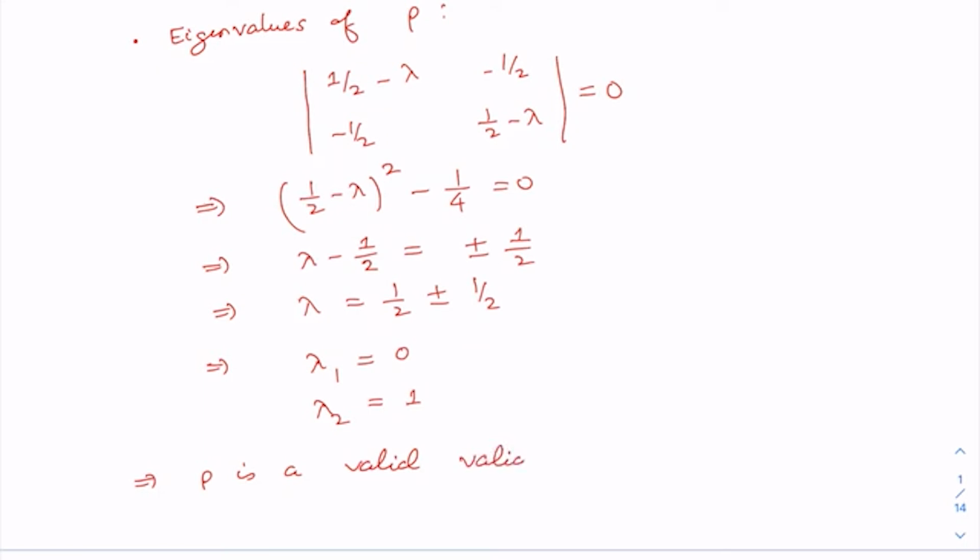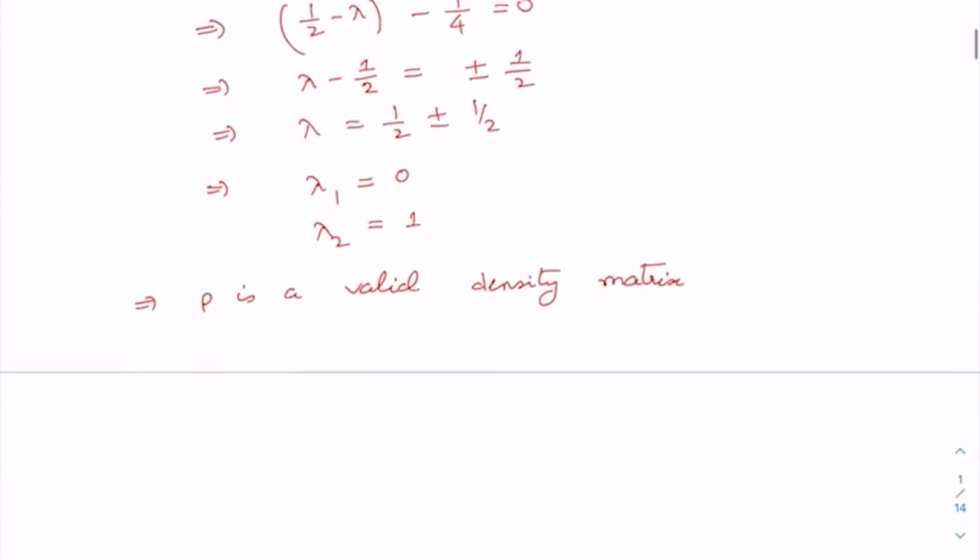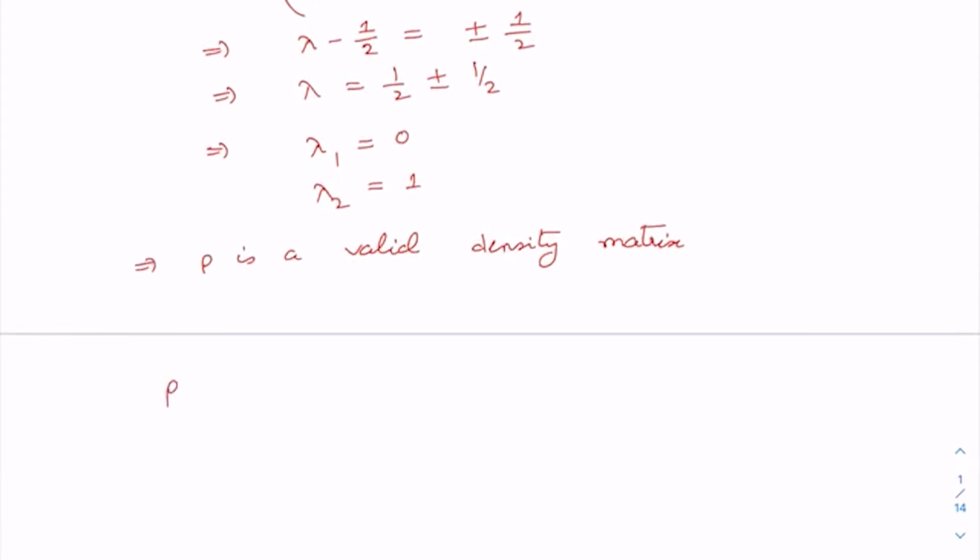So it implies that rho is a valid density matrix. Let me show you one thing quickly. If I find out what is rho square, where rho is half, minus half, minus half, half, I have to multiply this matrix with itself.